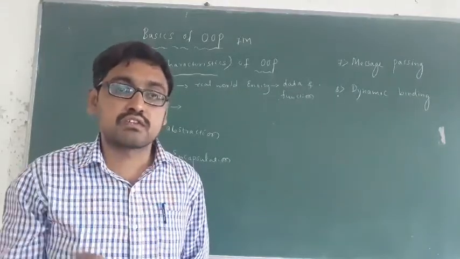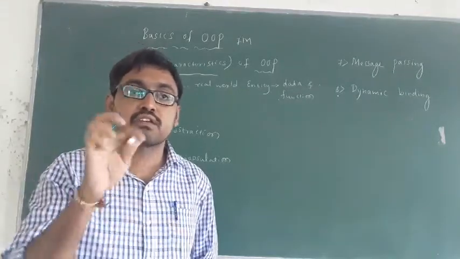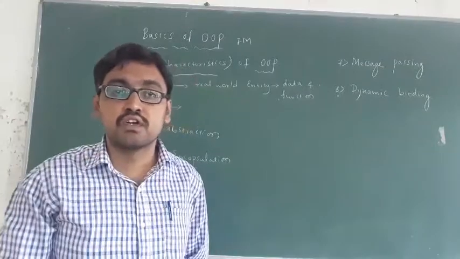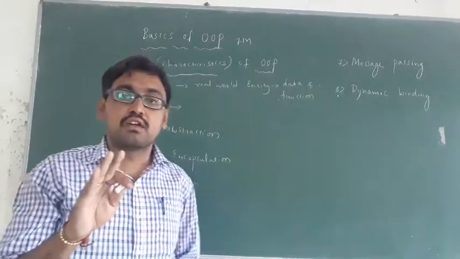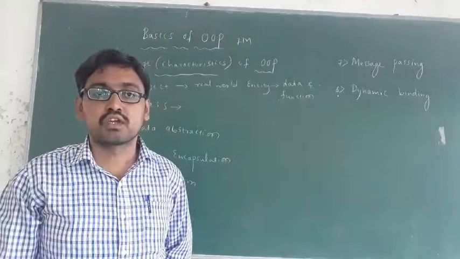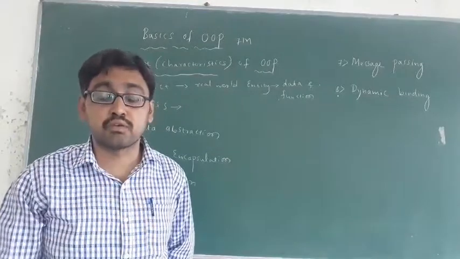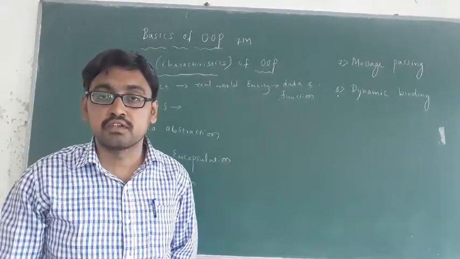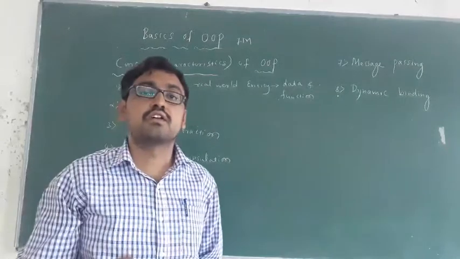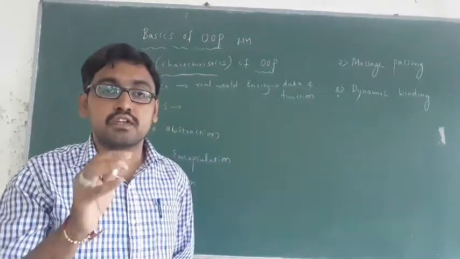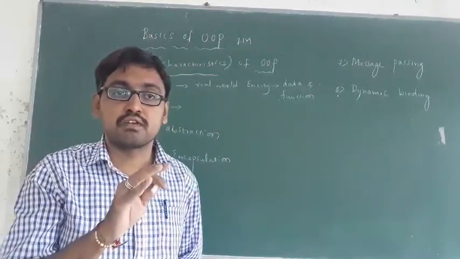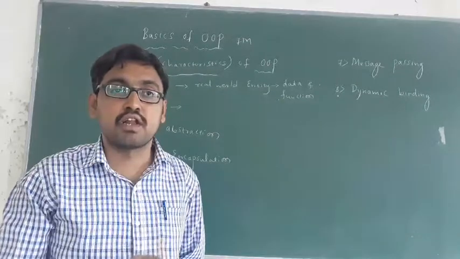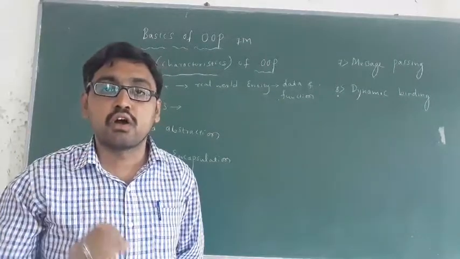You know the characteristics of OOP. The main characteristics: it focuses on objects, the data will be secured, and it follows the bottom up design method. A large program can be divided into objects.